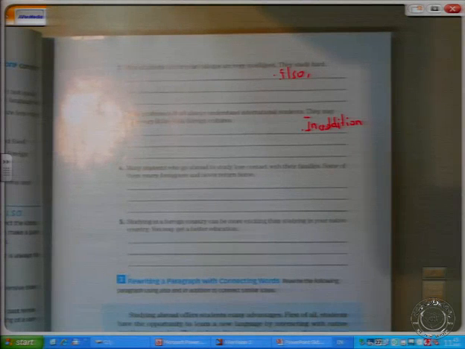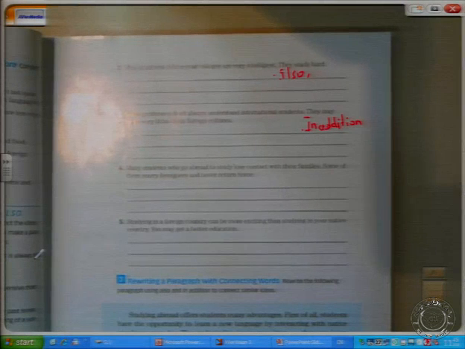Sentence number 4, many students who go abroad to study lose contact with their families. Some of them marry foreigners and never return home. Okay, so here we can use also or in addition. It is possible to use in addition in this example.